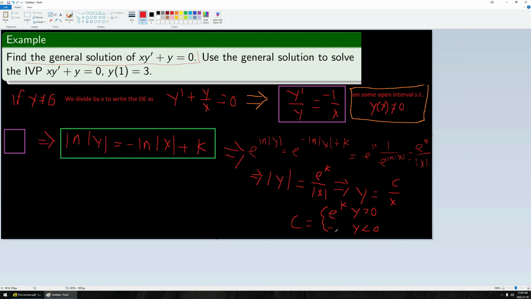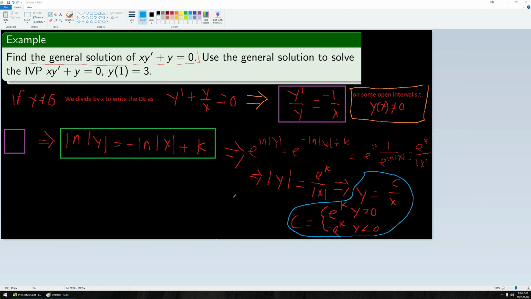So c would then be negative e to the k for that case. Okay, so if I box this in kind of a nice green color, this is my solution that I have found with the assumptions that, again, x is non-zero and y is non-zero.